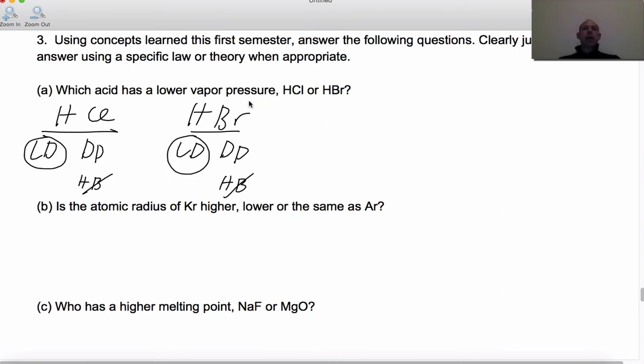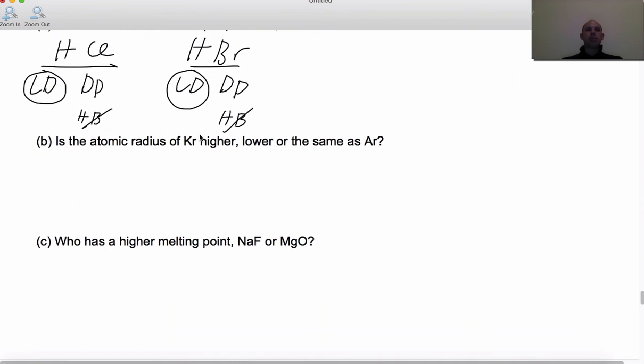Okay. Because they're both polar, but neither has hydrogen bonding, HBr has a lower vapor pressure because Br is larger than Cl. Thus, HBr is a more polarizable molecule, yielding a higher boiling point and a lower vapor pressure. Okay.